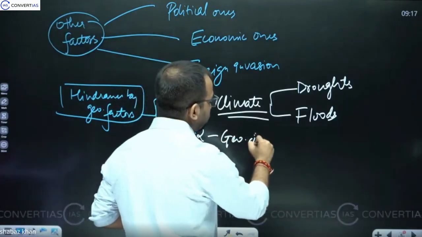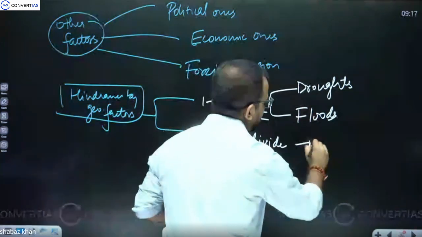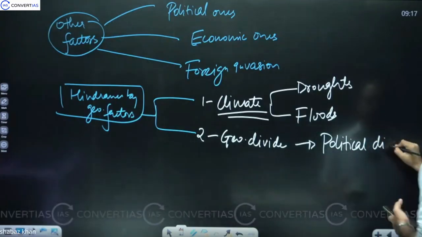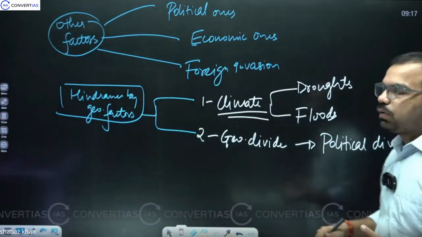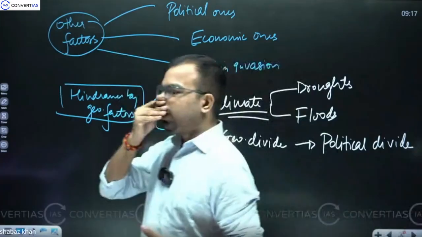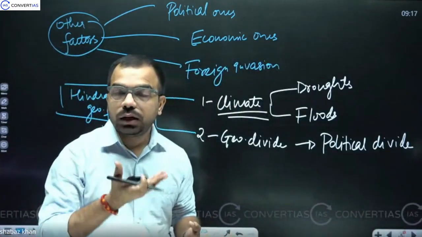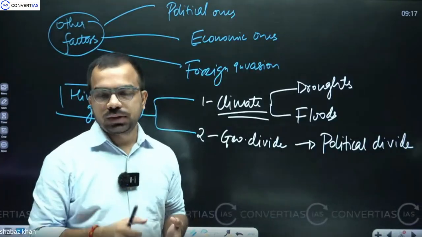Can you write that geographical divide became a political divide? And that is why whenever India was invaded by foreign rulers, it was not an integrated India. Can you say it?